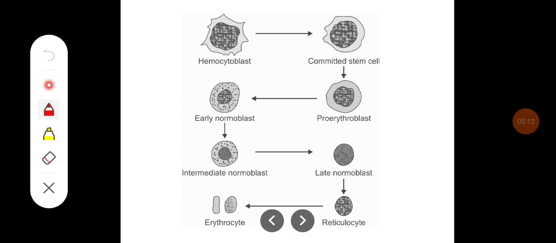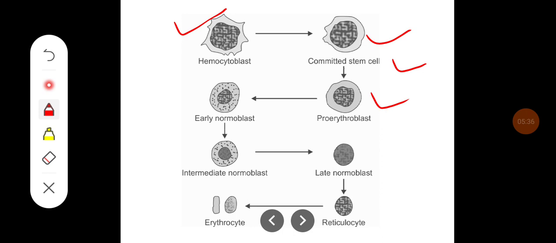They all derive from the pluripotent stem cell, that is hemocytoblast. Then they commit, and they get converted into burst forming unit and colony forming units to give rise to the erythroid progenitor cells, precursor cells, which is nothing but the pre-erythroblast.